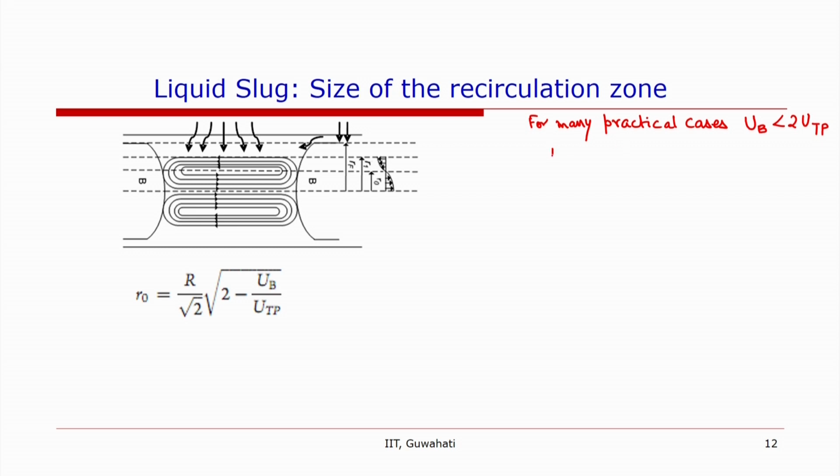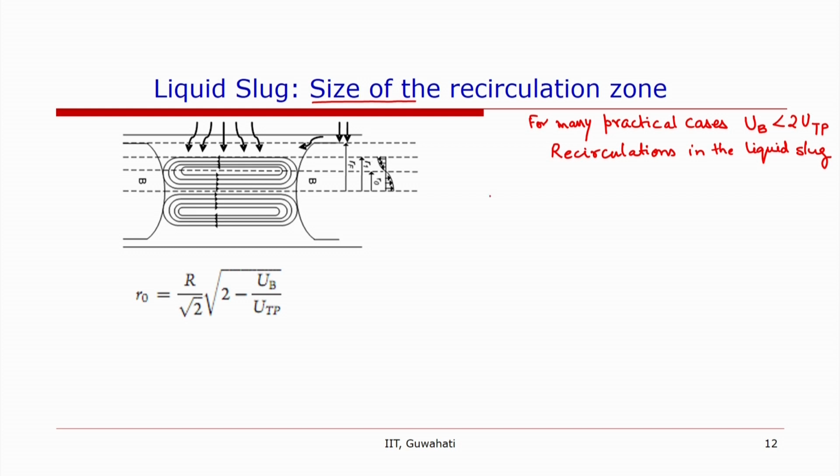So they have recirculations in the liquid slug. Now if one has recirculations in the liquid slug, then of course one would like to know what is the size of this recirculation. So in this we will talk about the size of the recirculation.